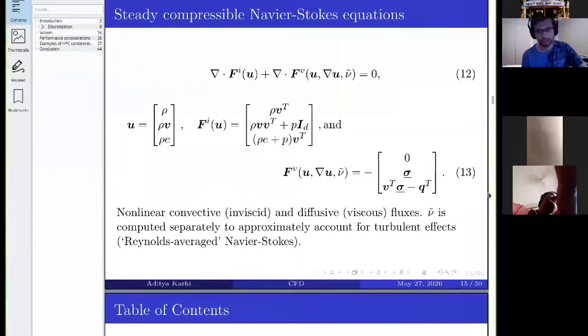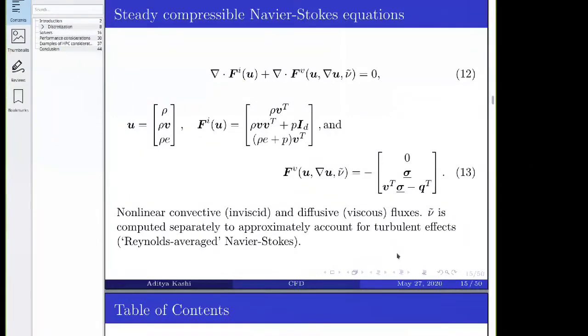I've left out most of the details here. Fluxes are given by this expression. And again, even the energy has a viscous component. You might observe that this is a nonlinear problem, as were the incompressible equations. We get a system of nonlinear equations.